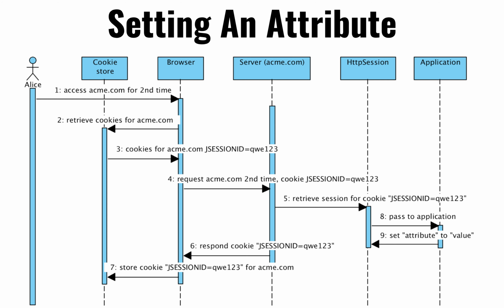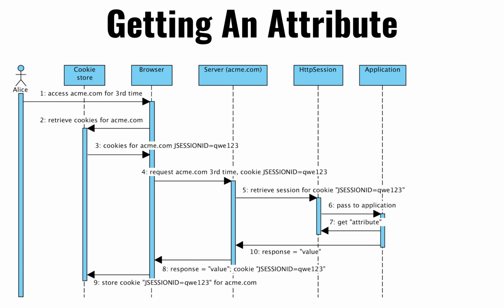So I can set data into the session, or next time around, I can get the attribute that I put in there. One of the attributes might be currently logged in user. I could remember, oh, that's you. You're logged in. And if you're not there, if you don't have a cookie, if I don't have a session, you must not be logged in. I don't know who you are.